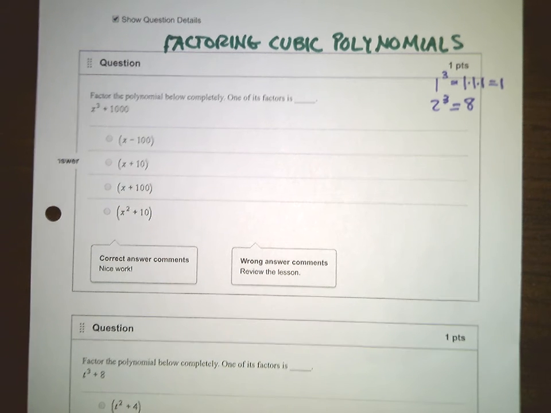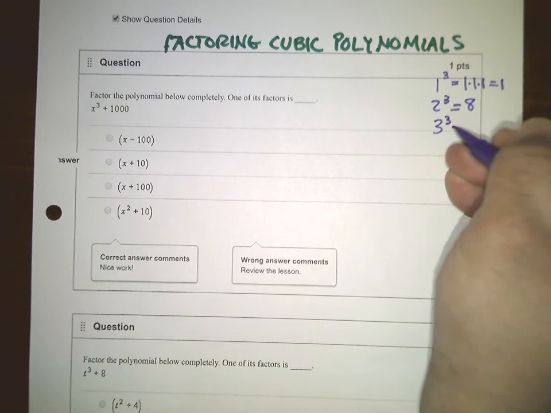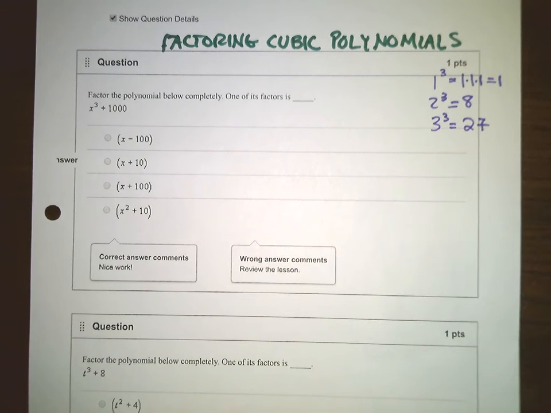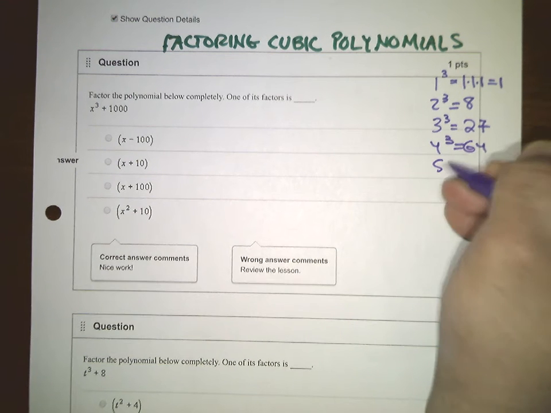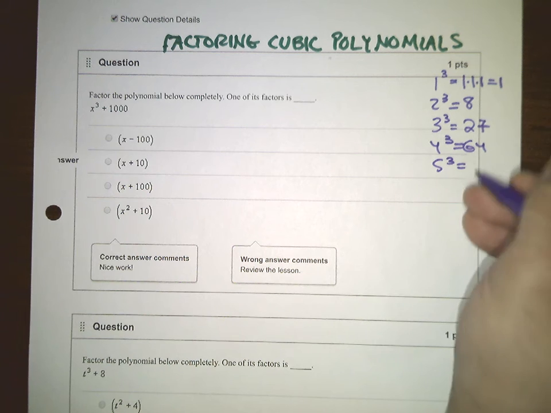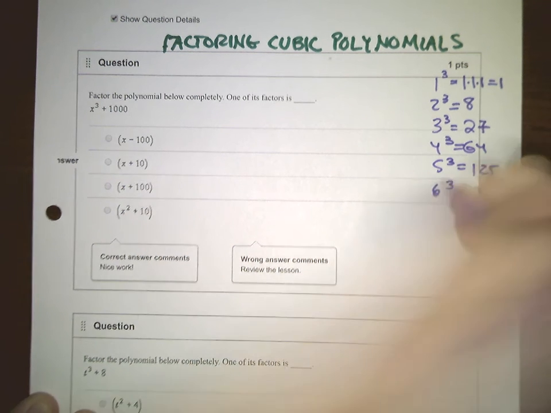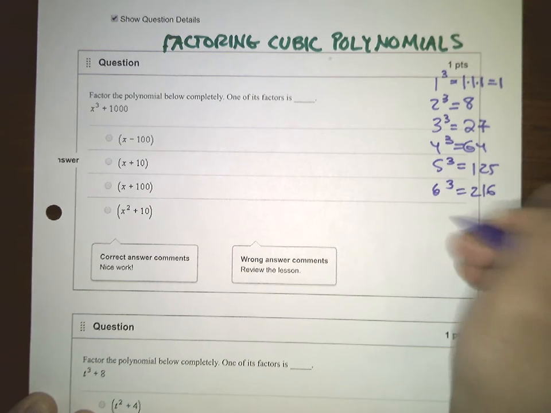And by the way, this list may help you as we get to some larger numbers, all right? So 3 cubed is 27. 4 cubed is 64. All right, 5 cubed is 125. 6 cubed is going to be 216.